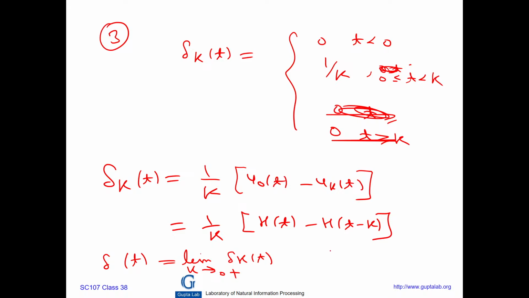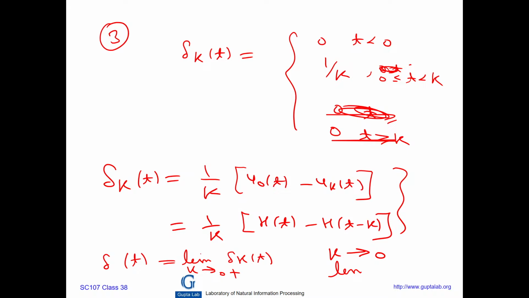So if we take k tends towards 0 in this expression, take the limit as k tends to 0, what will you get? It's sort of a derivative, right? So basically we will have h dash of t is nothing but delta t. Correct? You see what is happening? H of t minus, we are taking the limit as k tends towards 0, right?